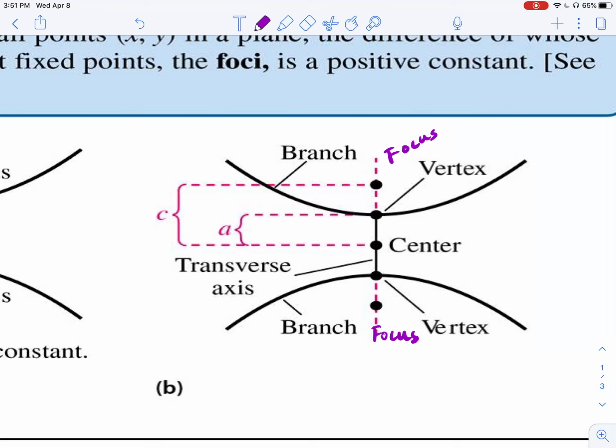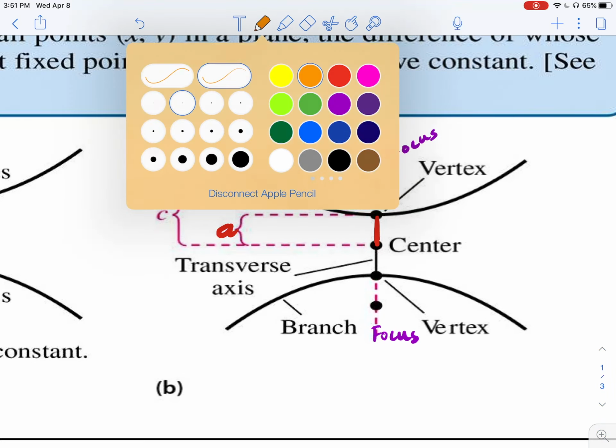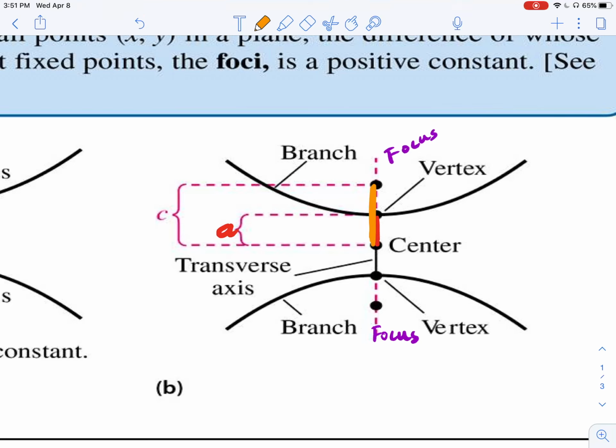Just like we did with ellipses, there are some key values that we can start finding. The distance between our center and our vertex is going to be our A value. And as you can probably figure out, we'll be using these in our standard form equations. And the distance between our center and our focus is going to be our C value.